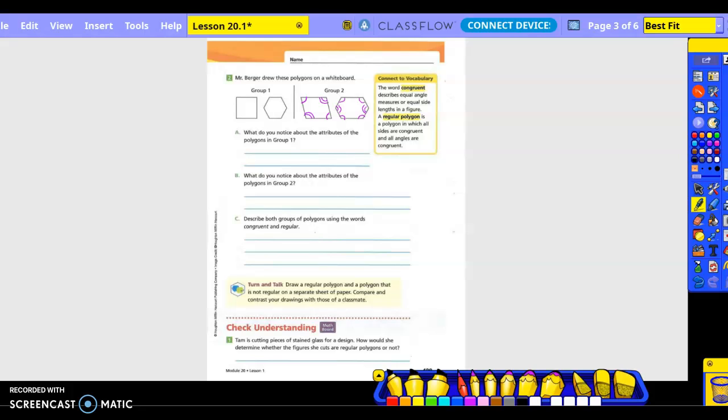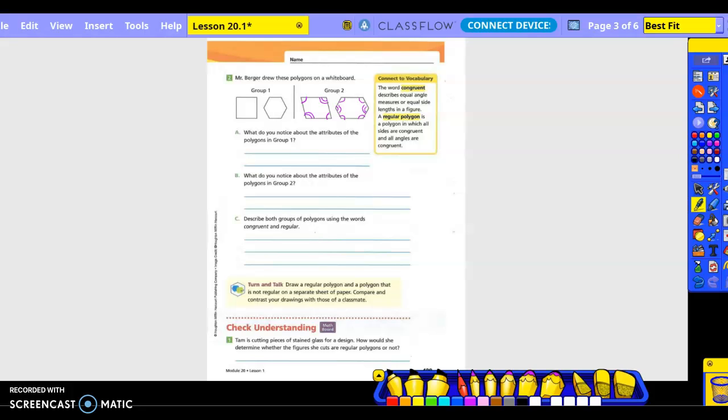Okay, so which ones would probably be regular polygons? Group 1 or group 2? Group 1, right? Because we said that they have all congruent sides, angles, right? Okay, and the same number of vertices, which group 2 has the same thing except for the angles are what? Different, okay?